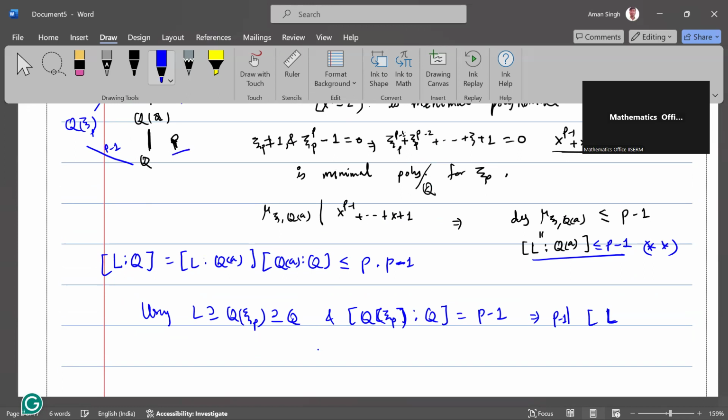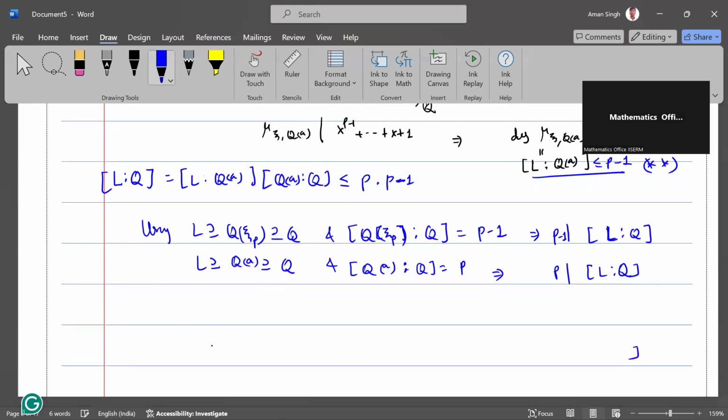And from here also it is clear, using L over Q(a) over Q, that the degree of Q(a) over Q is equal to p, which implies p divides [L : Q].